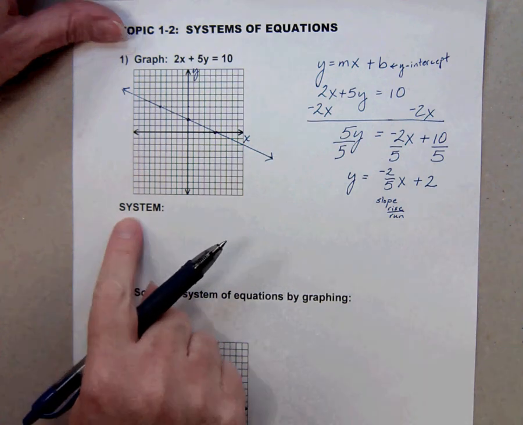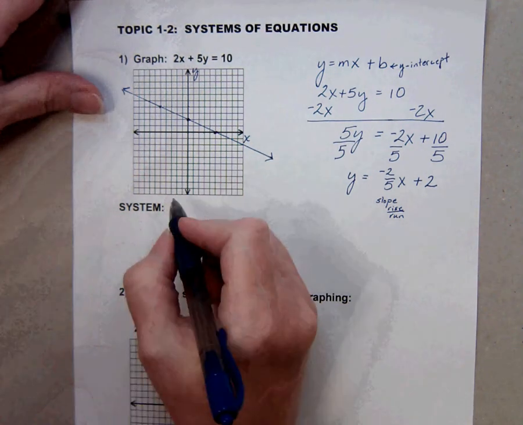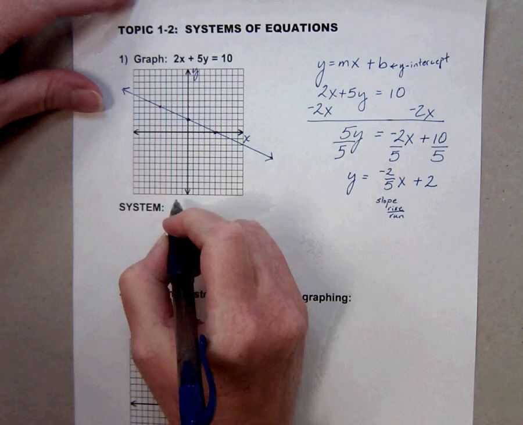Now the word system is when you have 2 or more linear equations. Let's write the definition.